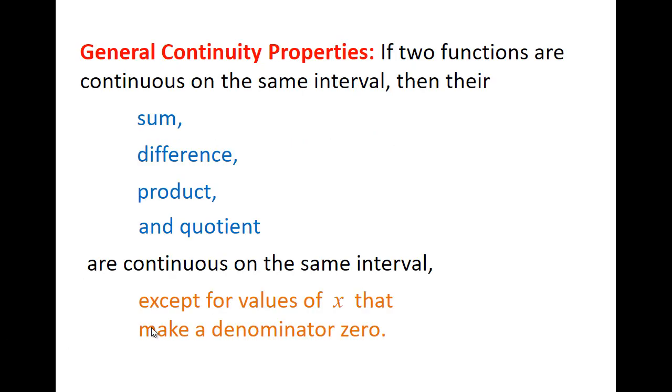And this is where we are applying the fact that the quotient is continuous wherever both the numerator and the denominator are continuous, except where the denominator is 0.